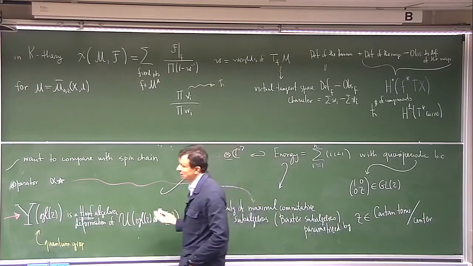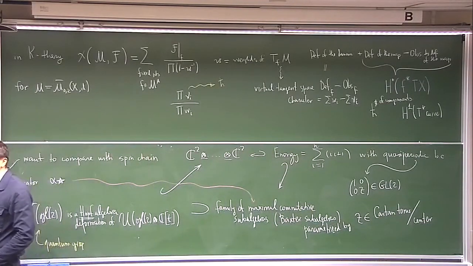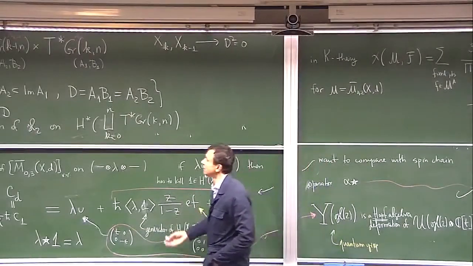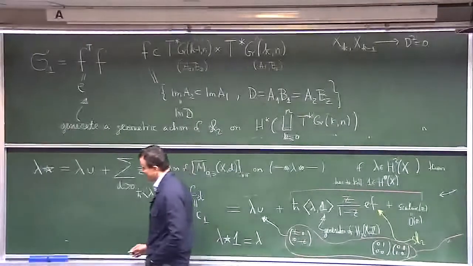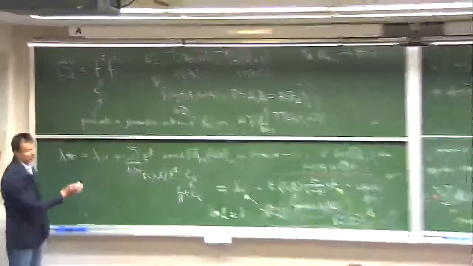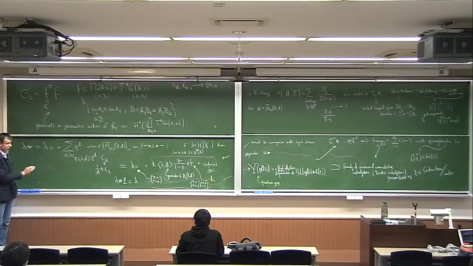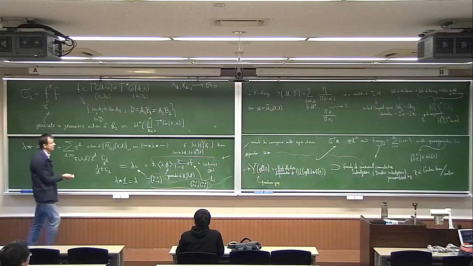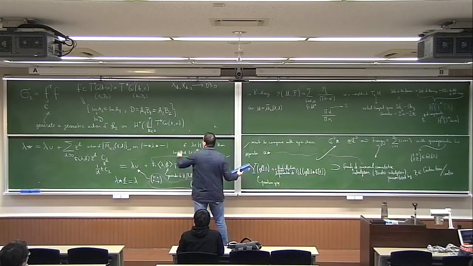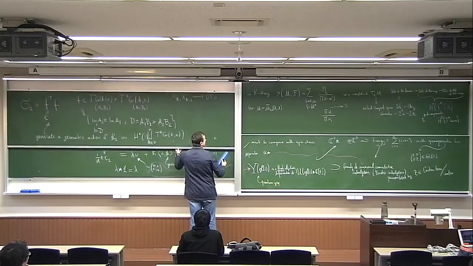And these Bethe equations in particular also describe the spectrum of the quantum cohomology ring here. So maybe I'll postpone the general discussion. We first discuss the answer for the spectrum, and then this will describe the spectrum of the quantum cohomology ring. So maybe we'll do that, since it's the easier, lighter stuff.